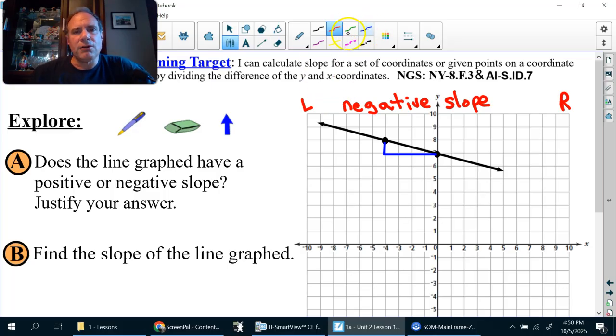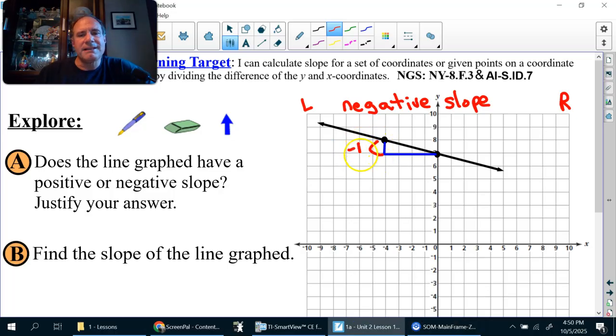So we're going to go down now. We're going to start at this one from the left, and we are going to count. So we went down 1.